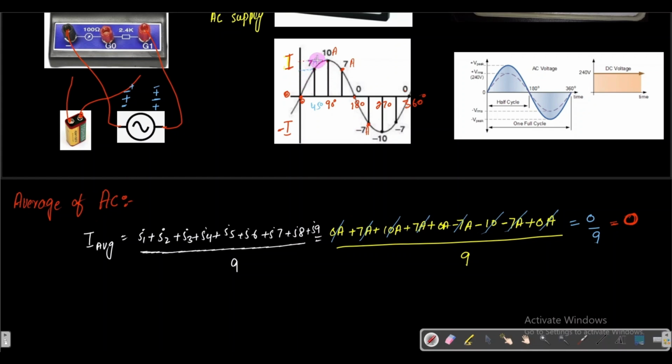So this portion and this portion cancel out, and the average of the alternating current is always 0 because symmetry is present. One half cycle is this, and the other half cycle is the mirror image of it. Therefore the average of the alternating current will always be 0.